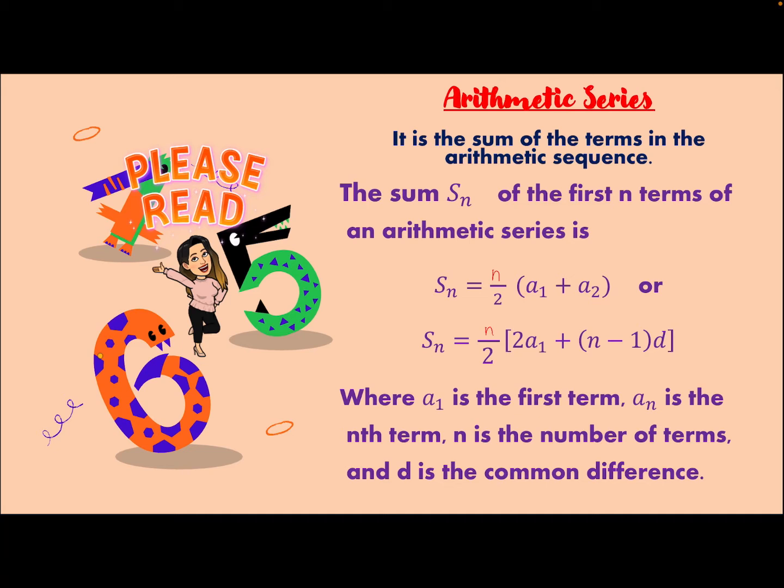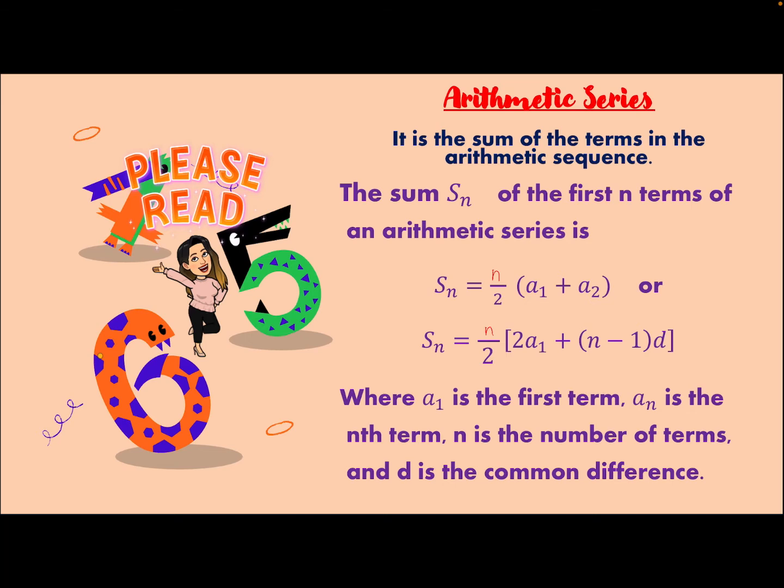Here, a sub 1 is the first term, a sub n is the nth term, n is the number of terms, and d is the common difference. So don't forget that.